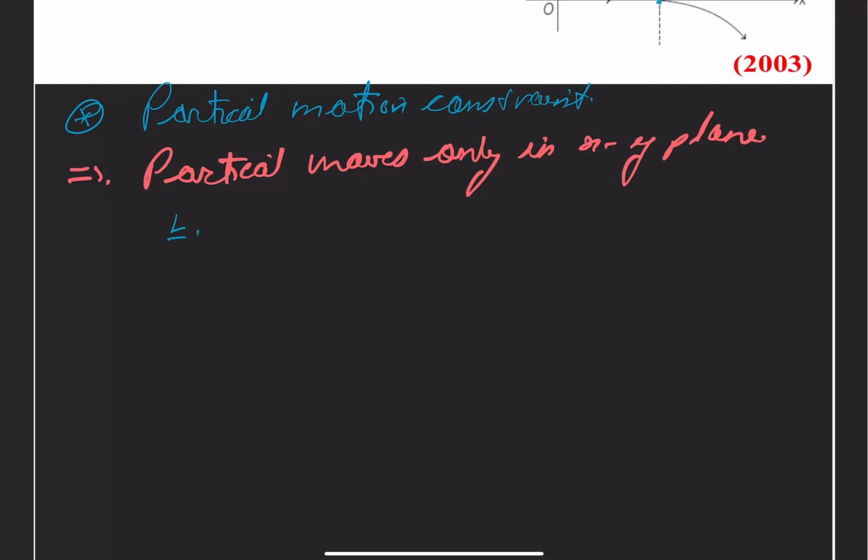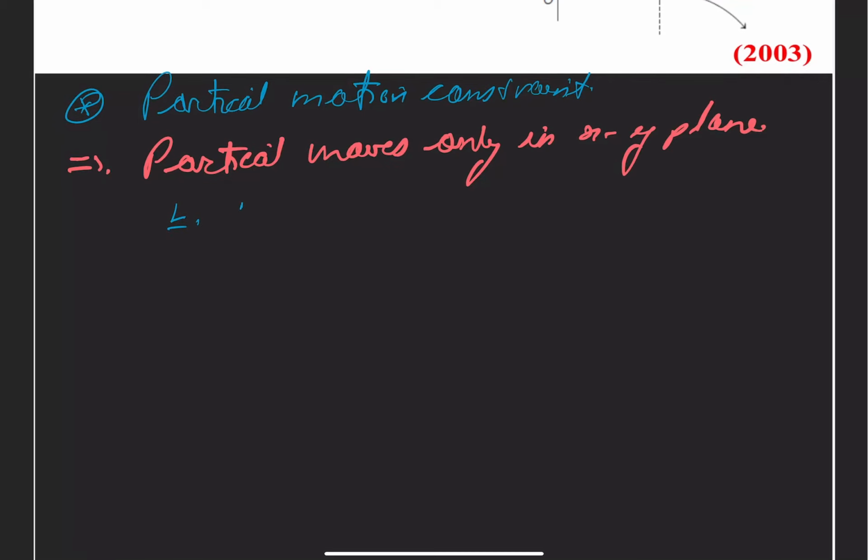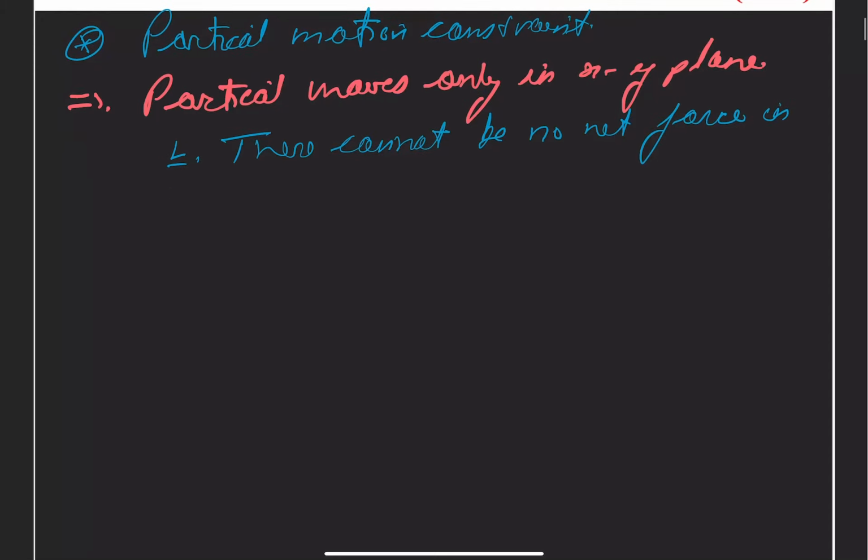So based on this, we can say there cannot be a net force in z direction, which basically means k unit vector.